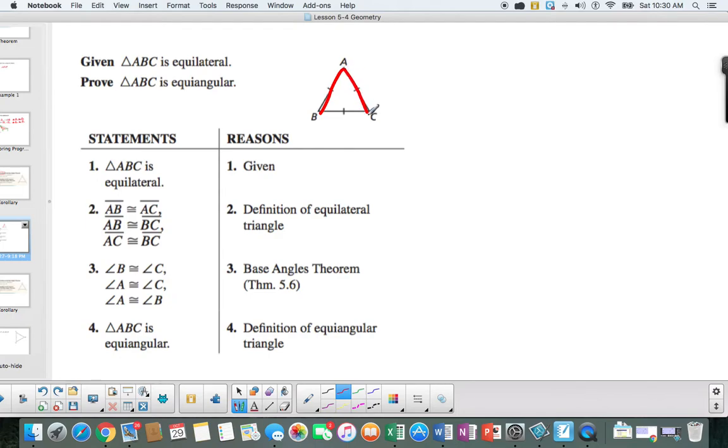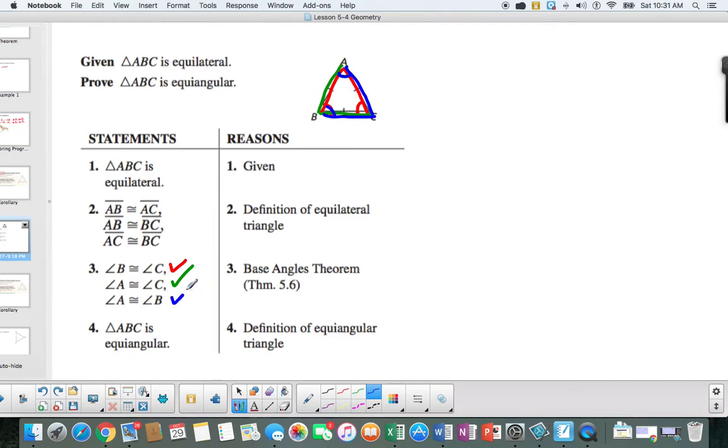So AB is congruent to AC, that means this angle will be congruent to this angle, and that's what we're saying here. And then AB is congruent to BC. That means this angle will be congruent to this angle. And then AC is congruent to BC, so this angle is congruent to this angle.